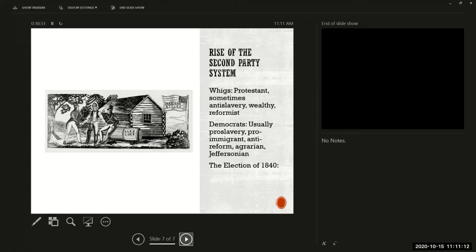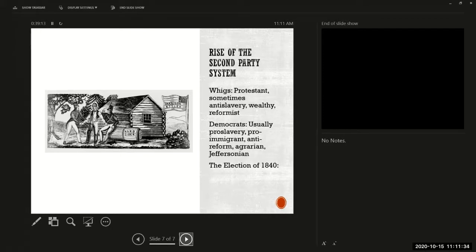They were anti-reform. They didn't want things like abolition of slavery or the abolition of drinking. They tended to be more states' rights and more farm-based.